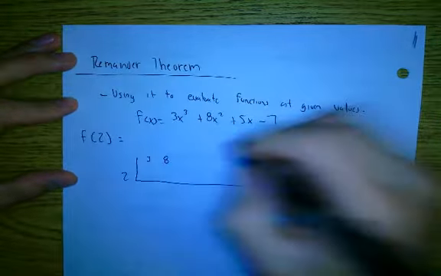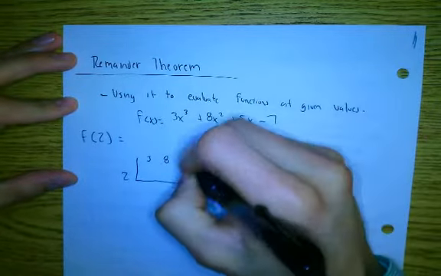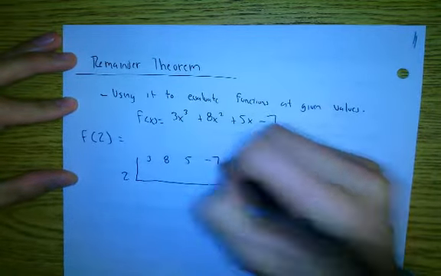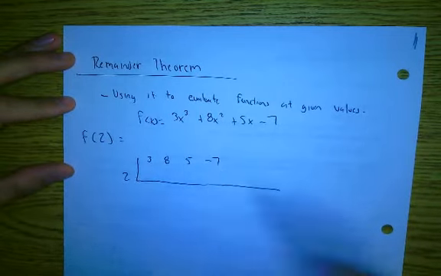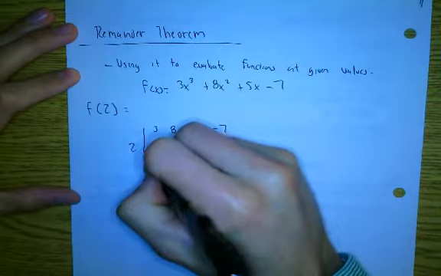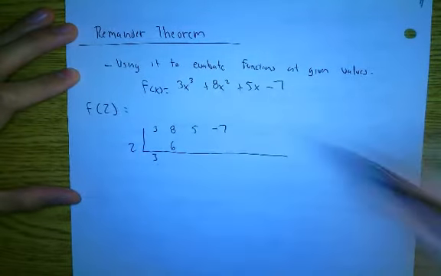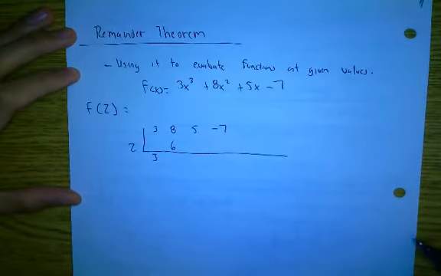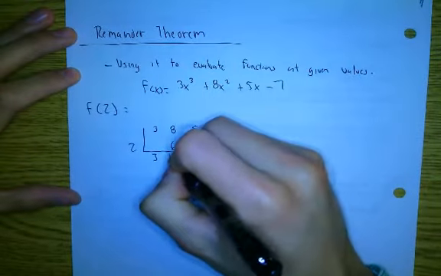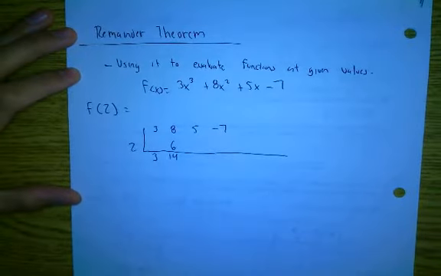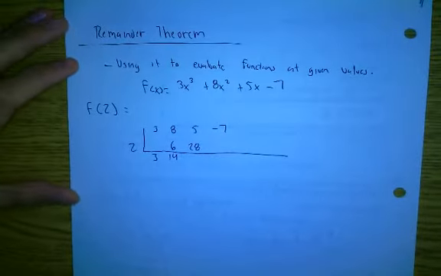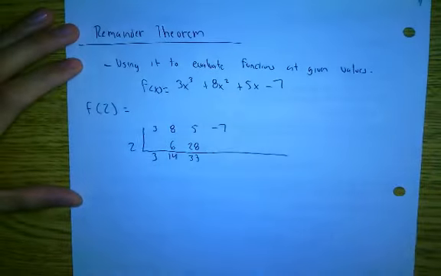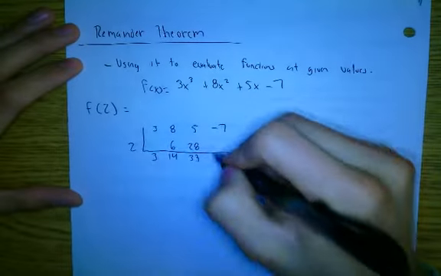So, I bring the 3 down. 3 times 2 is 6. 6 plus 8 is 14. Correct? 14 times 2 is 28. 28 plus 5 is 33. 33 times 2 is 66. Minus 7 is 59. You have a remainder. Do you guys agree? Your remainder is 59.